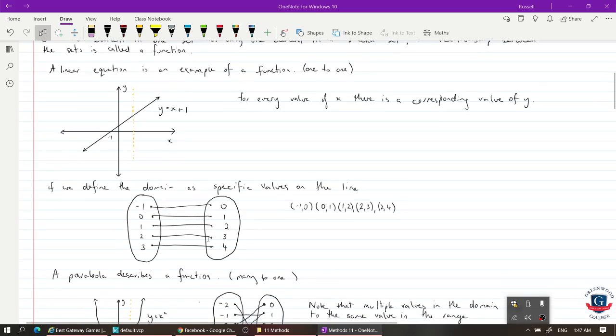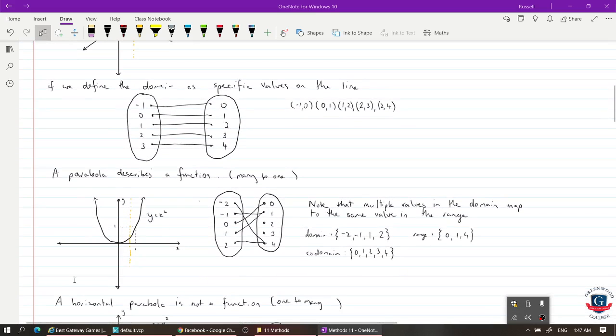So here's a domain and a codomain, and we can see here that for every value in the domain, there's only one value in the codomain. So the relationship between the two variables is functional. It's a function.